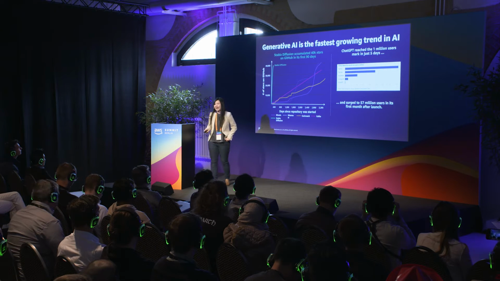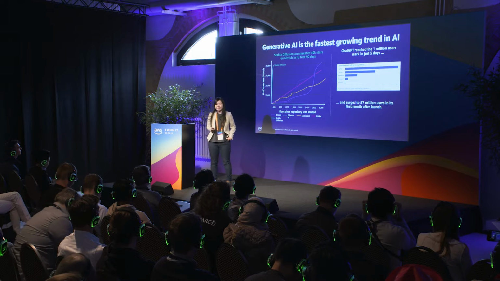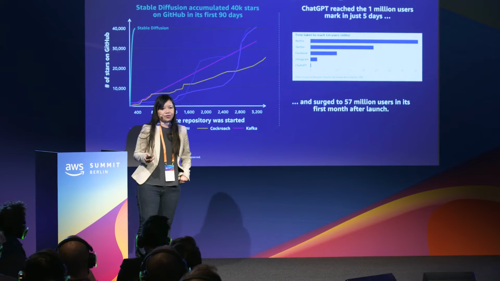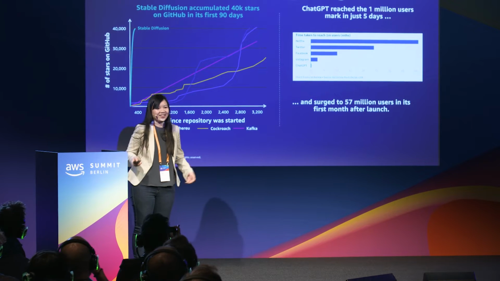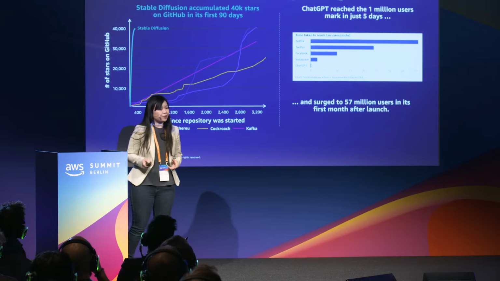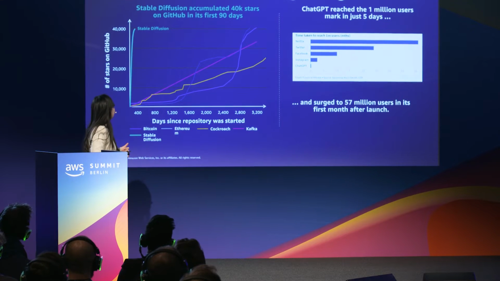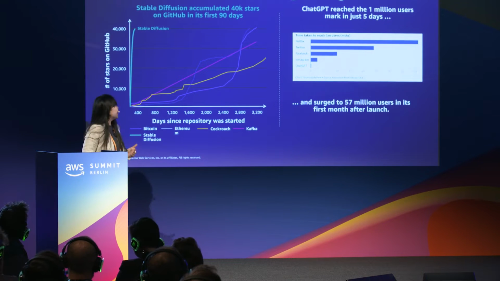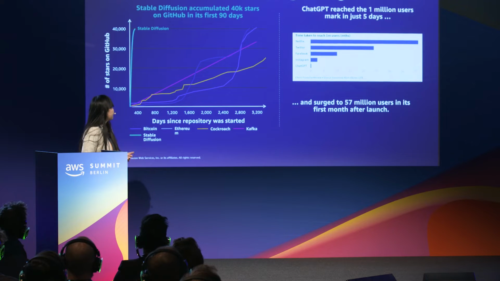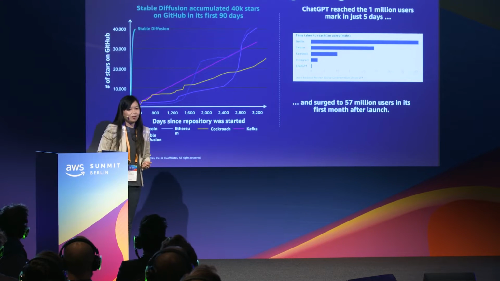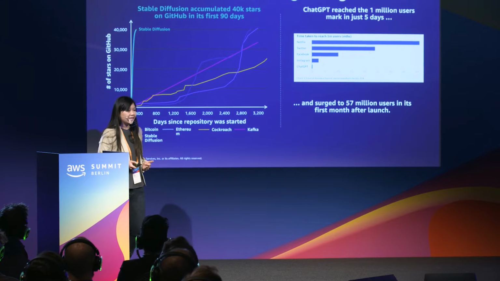So first, let's talk about why generative AI comes along with a lot of attention, like the session today, right? You will see some data points and a graph that I put here. Stable Diffusion accumulated 40K stars on GitHub in the first 90 days. If you check GitHub today, it's already 53K.